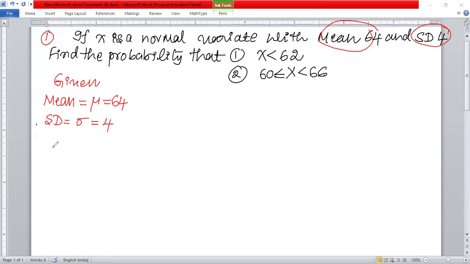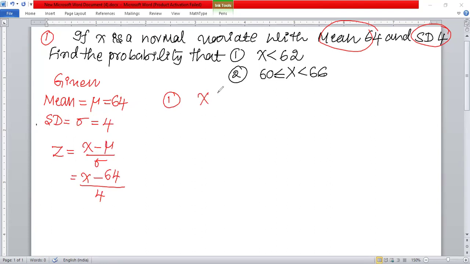Now we are going to apply the formula Z is equal to x minus mu by sigma, where mu is 64 and sigma is 4. Okay, the formula is ready.